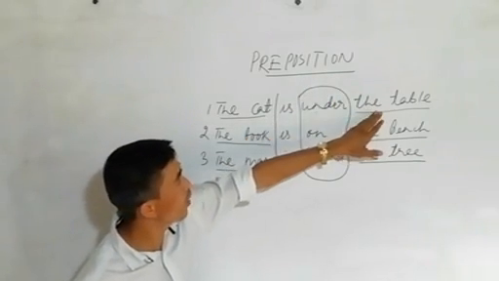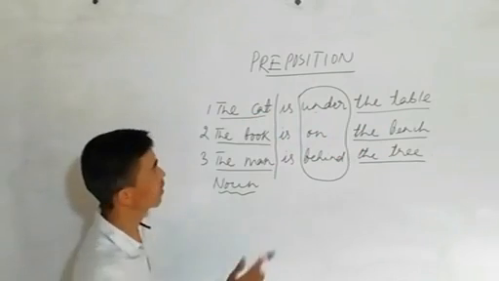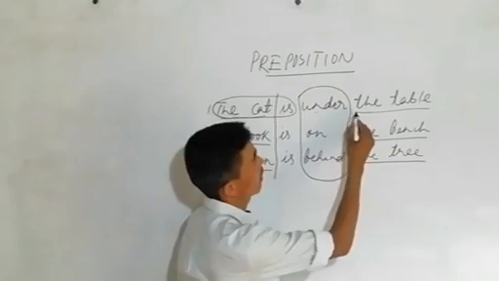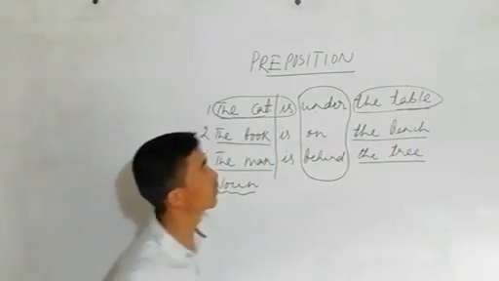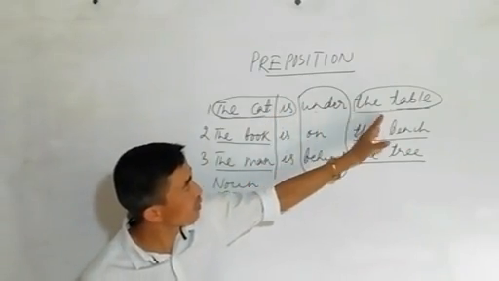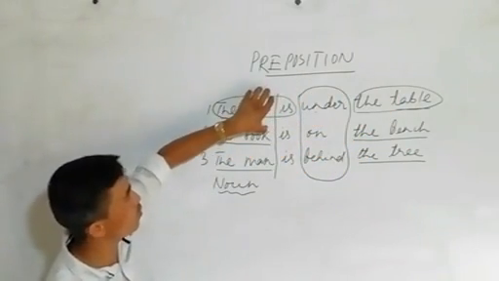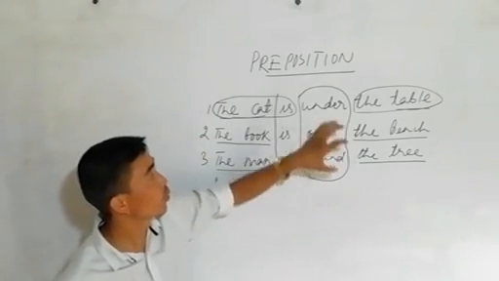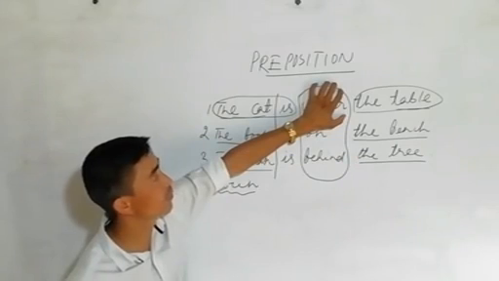These two groups of words, the cat is and table, are not meaningful without the word under.